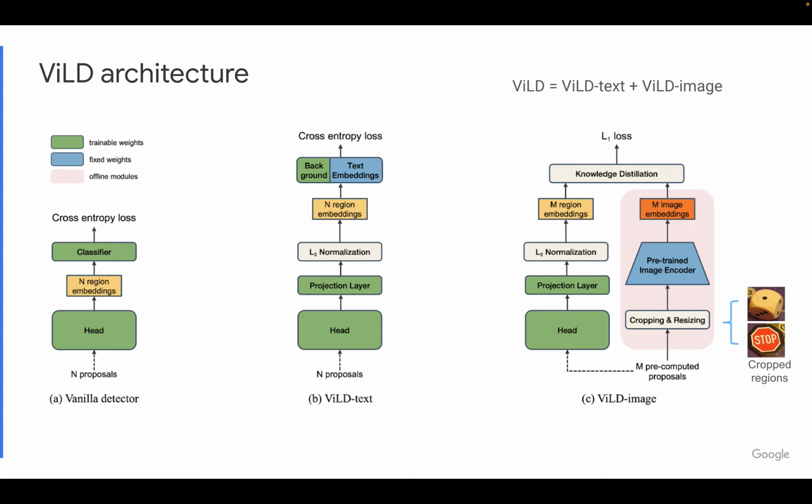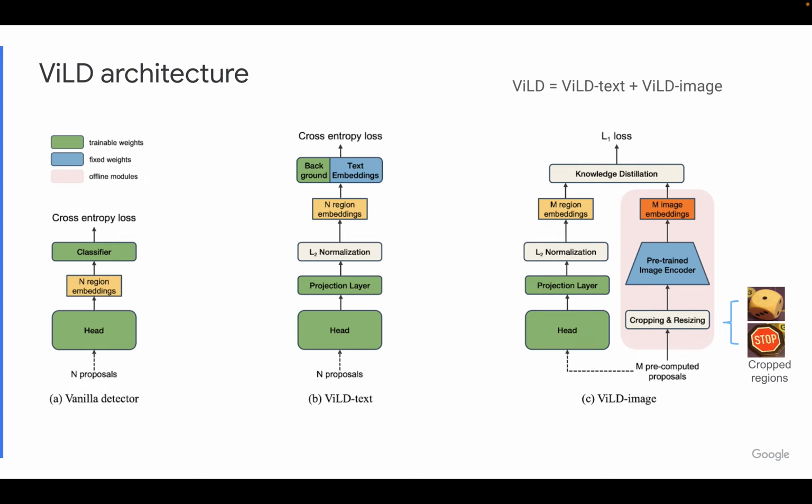And on the right, we also distill the knowledge from the pre-trained image encoder from CLIP. So we train the region embeddings in the detection head to be similar to the image embeddings of the cropped regions. The image embeddings of the cropped regions are computed offline.